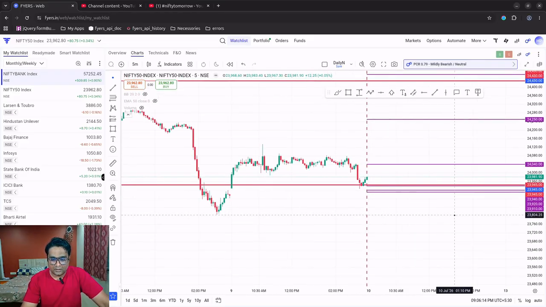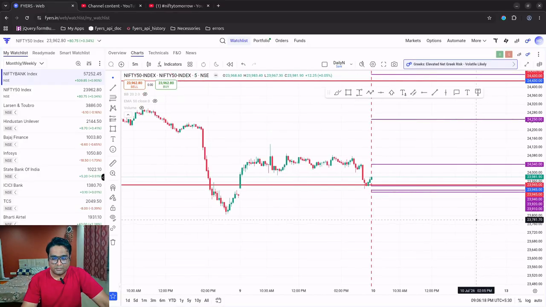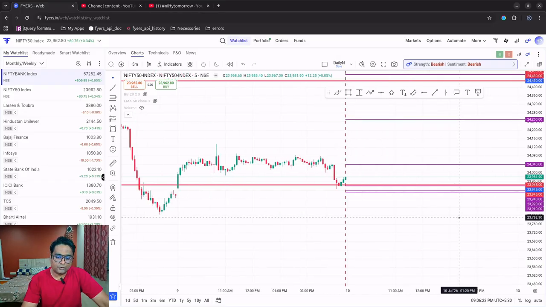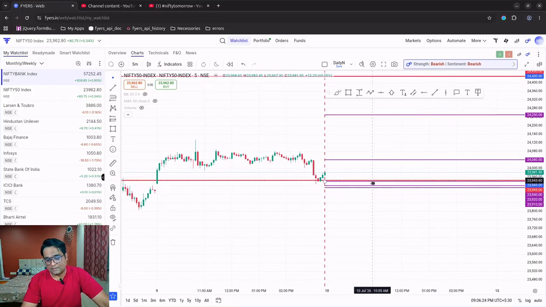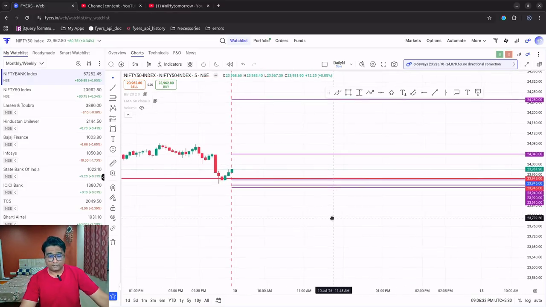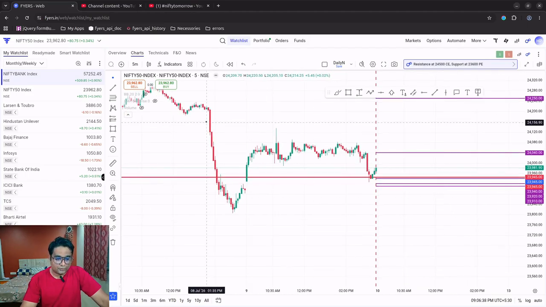So multiple conditions satisfying will be the confluence, point of confluence, or you can call this a support of confluence or line of confluence. This is multiple conditions satisfying, lower as well as upper.